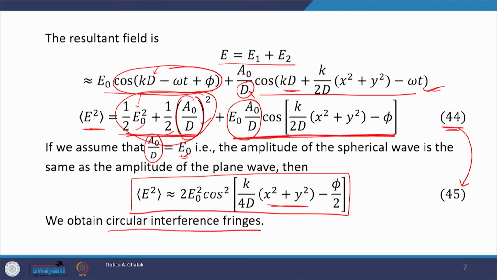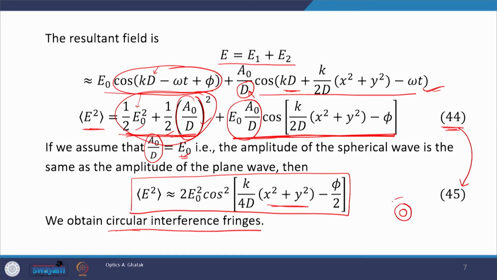Therefore, if you interfere a plane wavefront with a spherical wavefront, then on the screen we will have a concentric circular fringe pattern, which would look like this. This is the concentric circular fringe pattern.